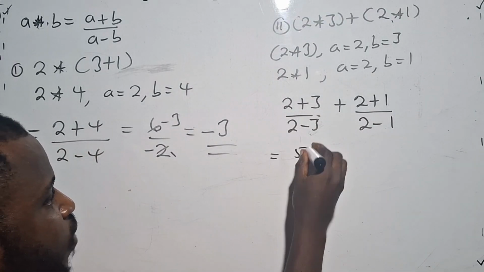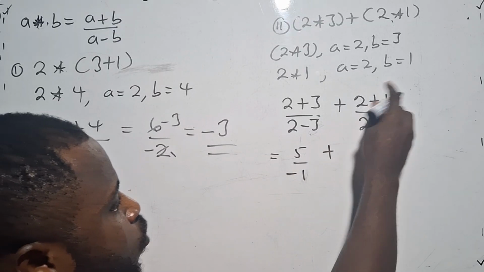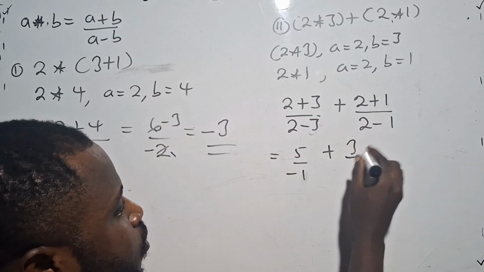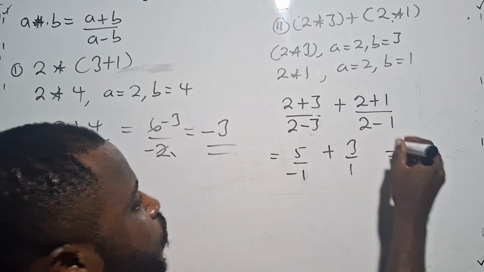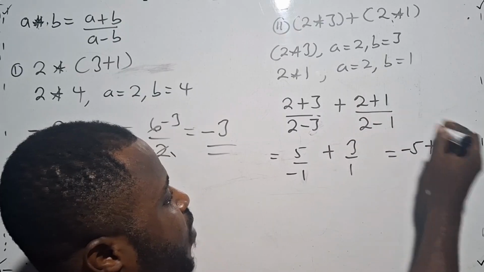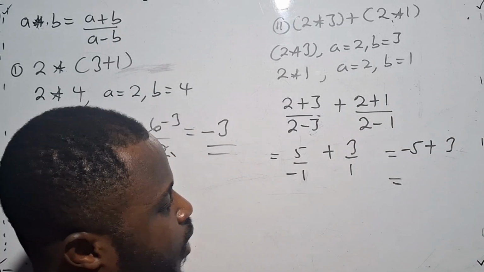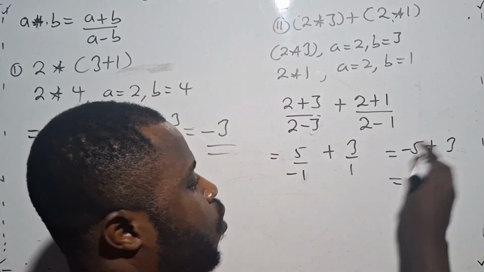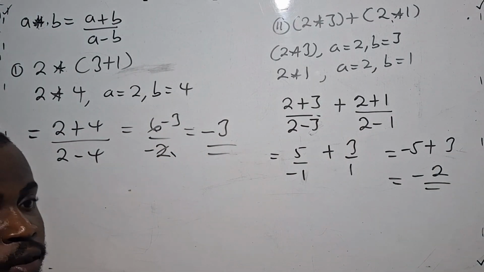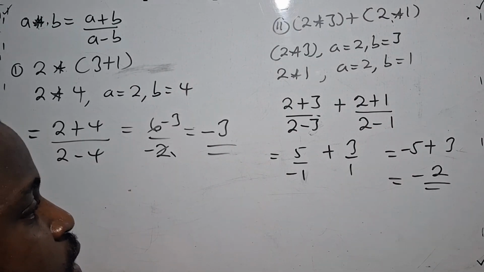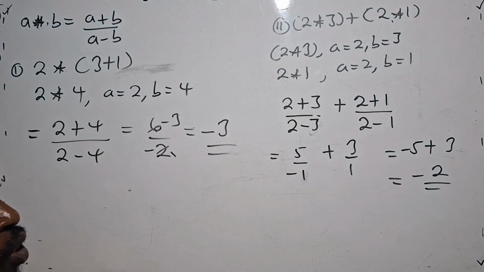The top one will give us 5 over minus 1, plus the top one will give us 3 over 1. So 5 divided by minus 1 will give us minus 5, plus 3 divided by 1 also gives us 3. So minus 5 plus 3 will give us minus 2. You owe 5 and you paid 3, so you are going to owe 2, minus 2. That's why you get minus 2 on the calculator. So don't be scared. This is how this is solved.